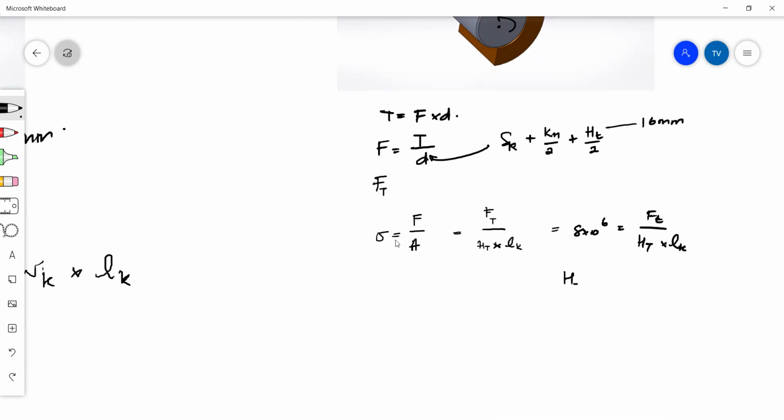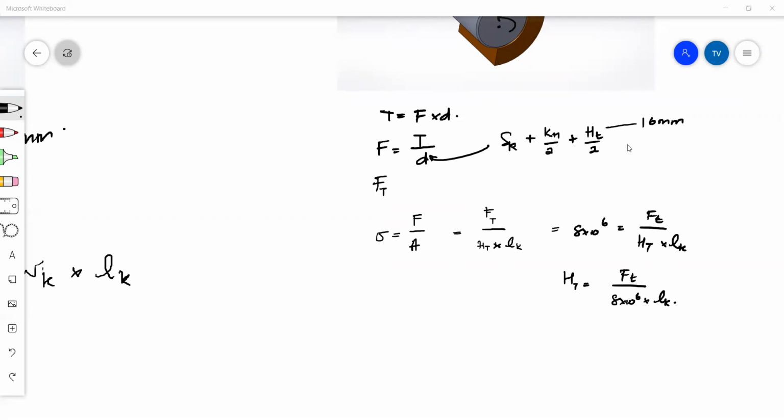So we make HT the subject of the formula. And this is actual HT, or recommended HT. Once you have this recommended thickness of your hub, you then have to do the calculation again for a different assumed thickness.